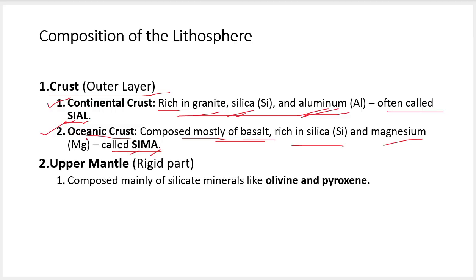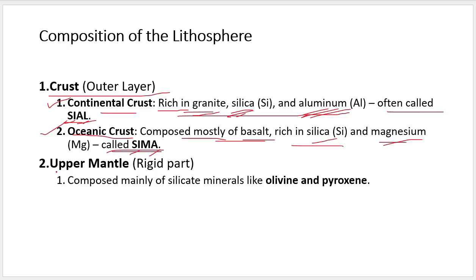Please remember, under oceanic crust, the rich minerals are silica and magnesium, and in short they are called SIMA. In continental crust, the rich minerals are granite, silica, and aluminium, also called SIAL.